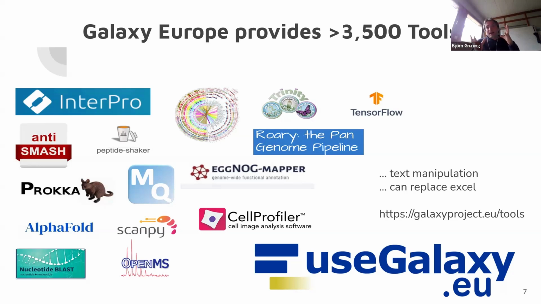If we leave the bio domain, there are people using it for astrophysics and climate science. We have large parts of ecology, or we now have tools in ecology and earth science. So it's really getting bigger than just the classical life science domains. In total, I think we now have more than 3,500 tools.